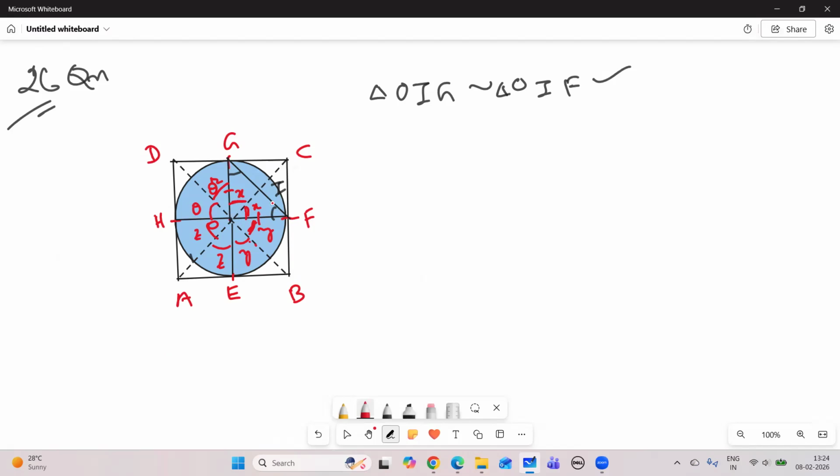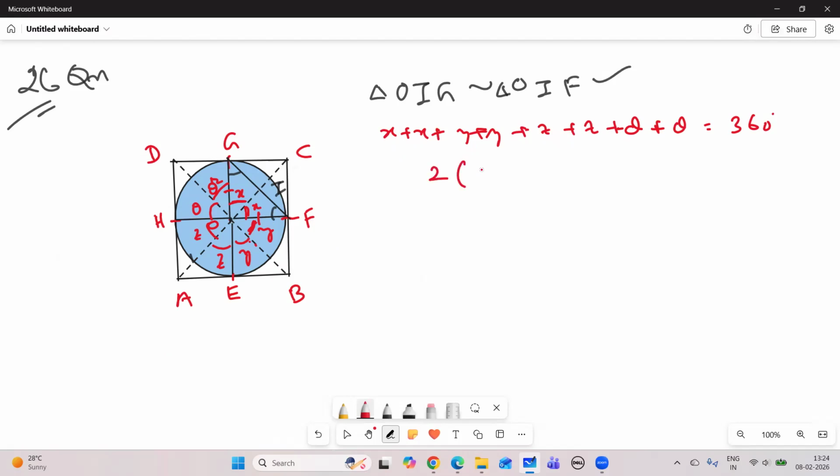So if we add all these, x plus y plus z plus theta. All these 8 angles form a complete angle at this center, which is equal to 360 degrees. This is 2x, this is 2y, this is 2z, this is 2 theta.